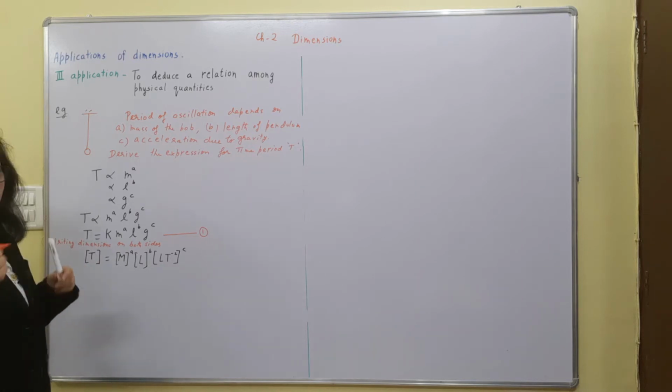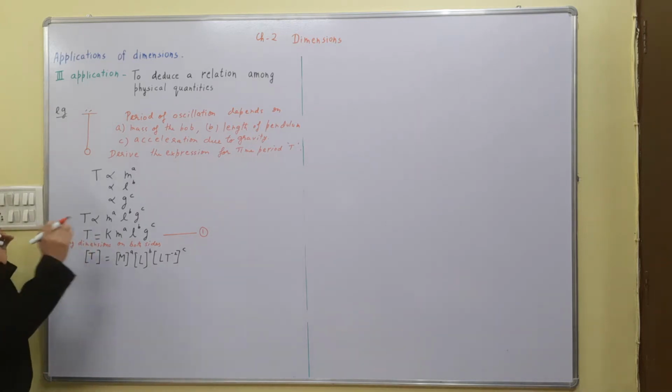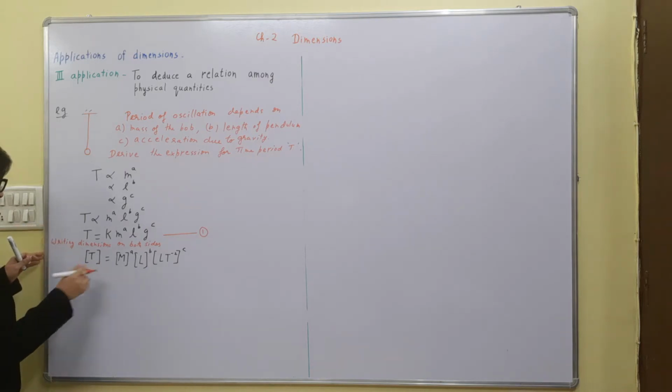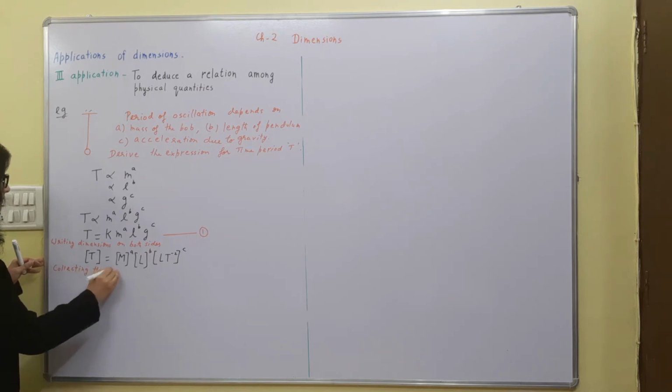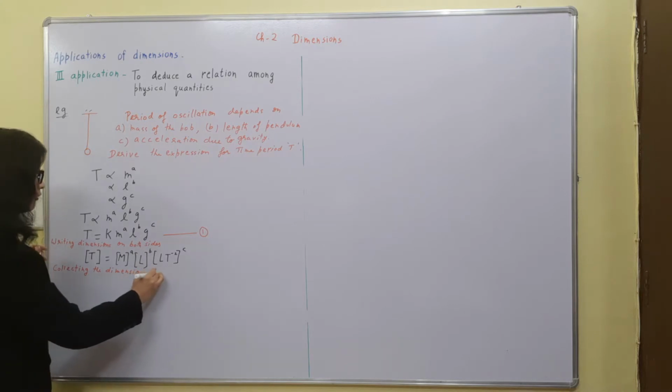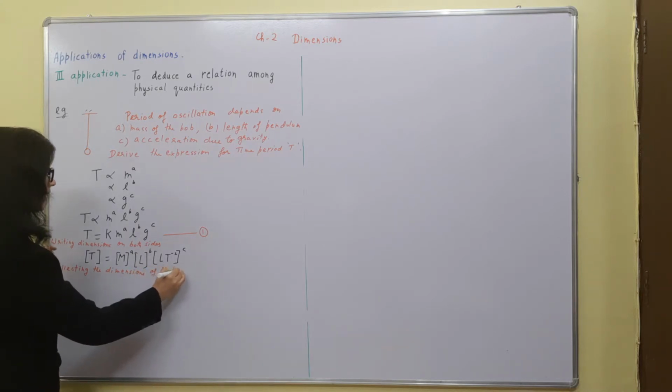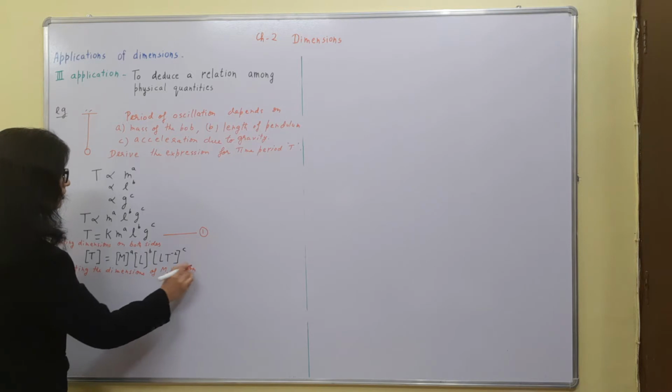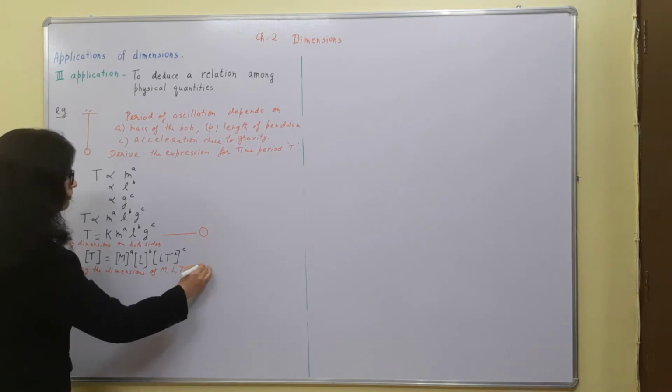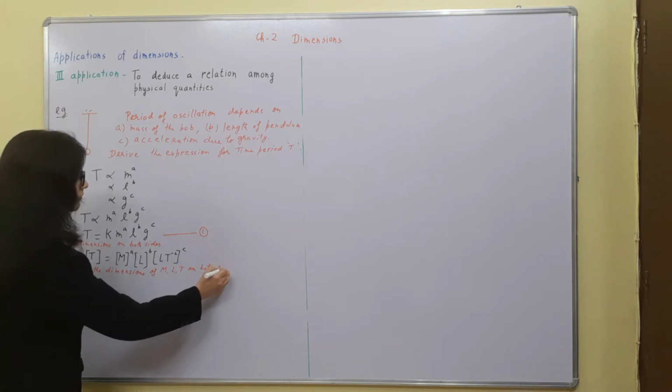Collecting the dimensions of M, L and T and separating on both the sides. So the next step will be collecting the dimensions of M, L, T on both sides.